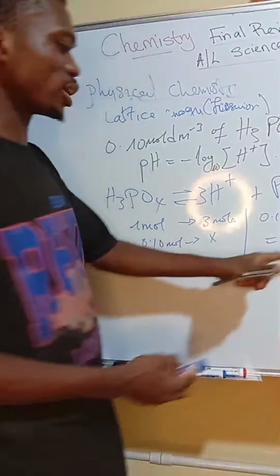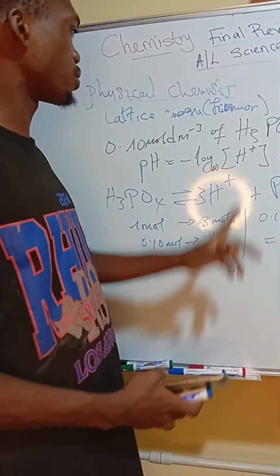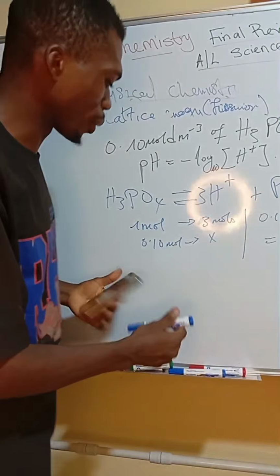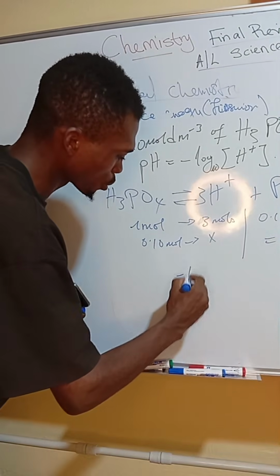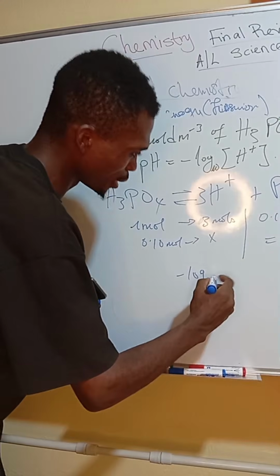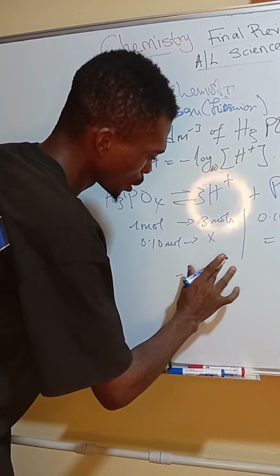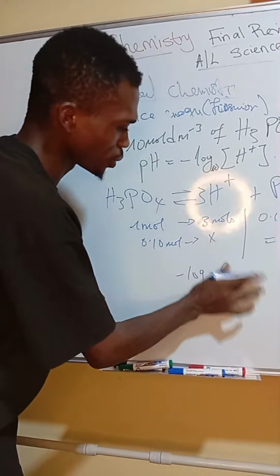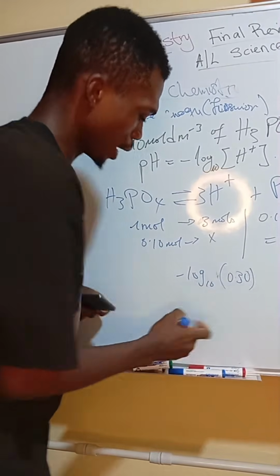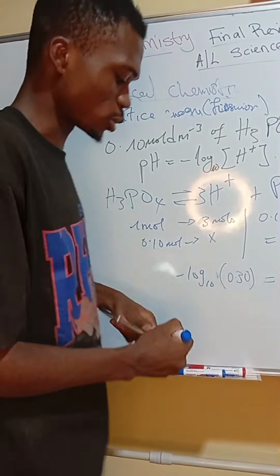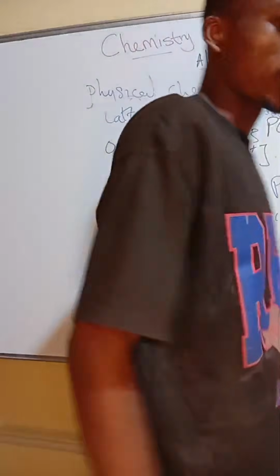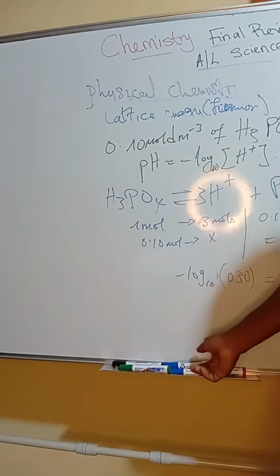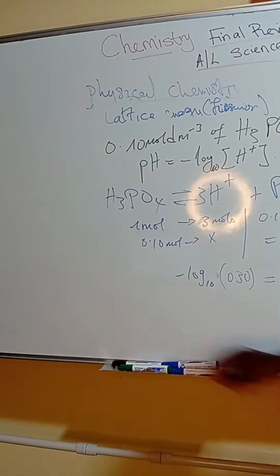Now, this is the concentration of H plus. Then we find the negative log to the base 10 of this concentration, 0.30. I don't have a calculator, so you can do calculations at your ends. You just do the negative log of that.